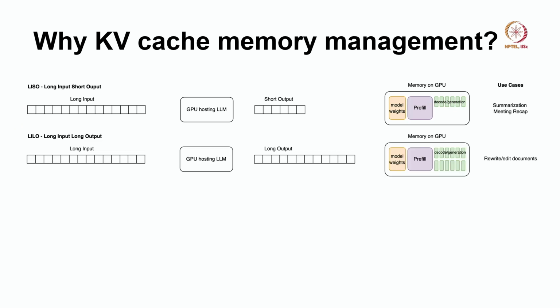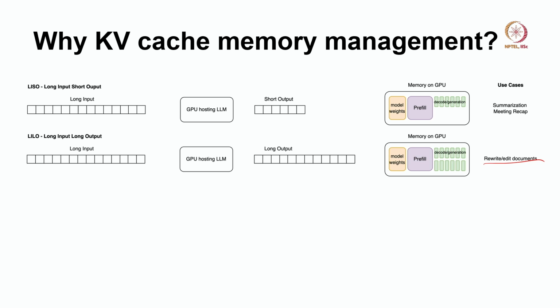Then we have long input, long output. One example is rewriting or editing documents. Let's say you were asked to write an essay, you wrote it, but then you want to polish it or correct the grammar.